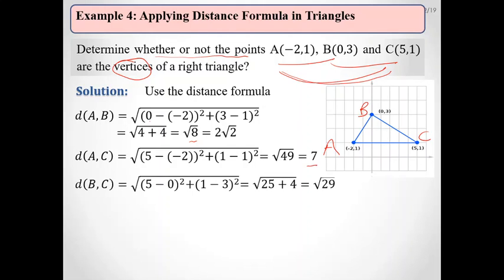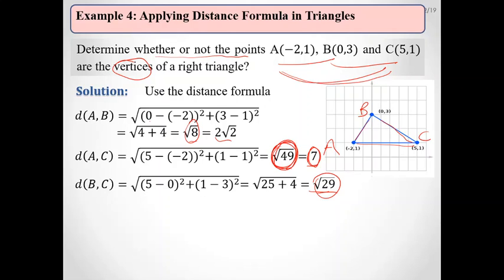Now we found this part, and then we will find this one, and we find this one, square root of 29. And 7 is the biggest one, right? So we have square root of 8, square root of 49, square root of 29. Which one is bigger? The biggest one is square root of 49.